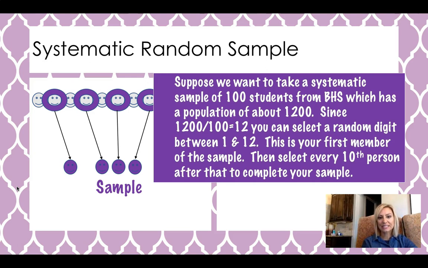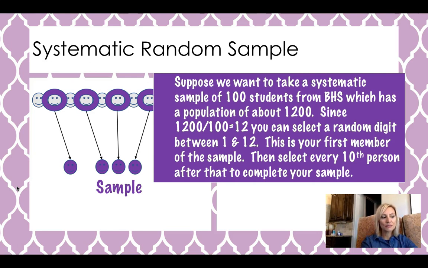Once we've randomly selected our starting point, we use a systematic approach, and maybe we'll select the 10th person after that to complete our sample. We'll continue until we have enough people in our sample. So a systematic random sample uses a random place to begin the sample and then a systematic approach to continue.